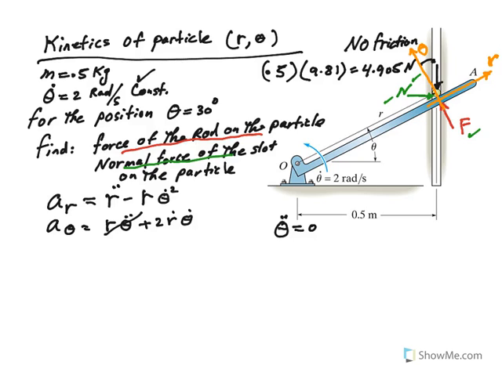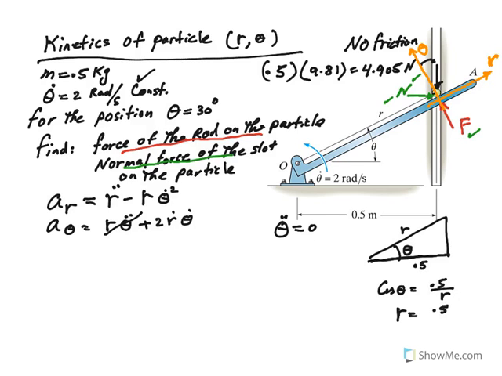So let me start with r. How could you define r? Look at this triangle here. If this is angle theta and this is r, and this is 0.5, by the way, this is fixed, right? We could say that cosine theta is what? 0.5 divided by r, adjacent over hypotenuse.